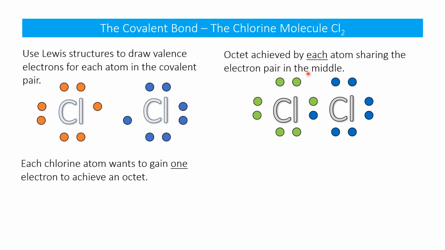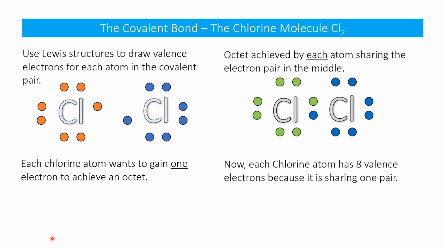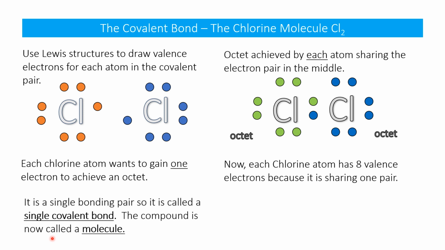This chlorine is satisfied because it has 8 electrons around it. This chlorine is also satisfied because it has 8 electrons around it. So they both share electrons and both are happy with this octet. This shared pair is called a bond, a covalent bond. This is a single covalent bond. And now we have a chlorine molecule called Cl2.